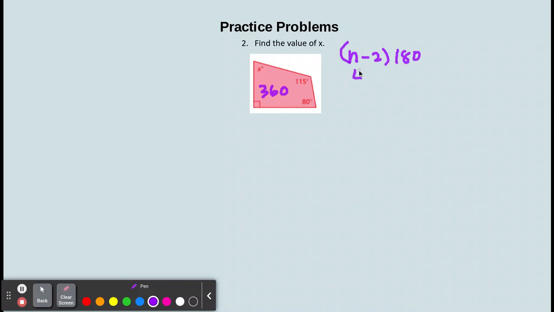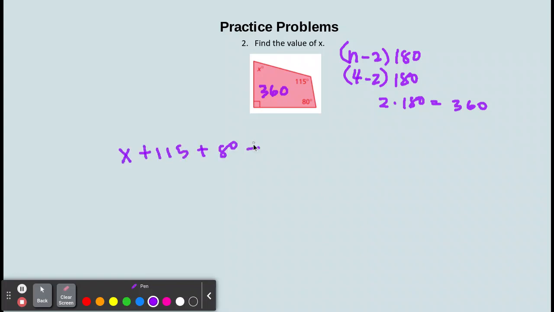We have 4 sides, so 4 minus 2 times 180 means 2 times 180, which equals 360. Okay, now you need to add these all up. X plus 115 plus 80 plus, what's this one here? It's a right angle, and a right angle is 90 degrees. All that equals 360. So you need to combine these like terms and then solve for your x.